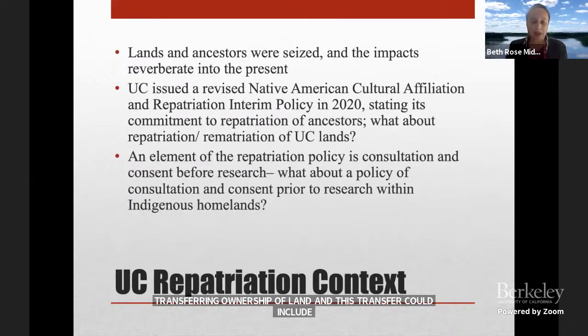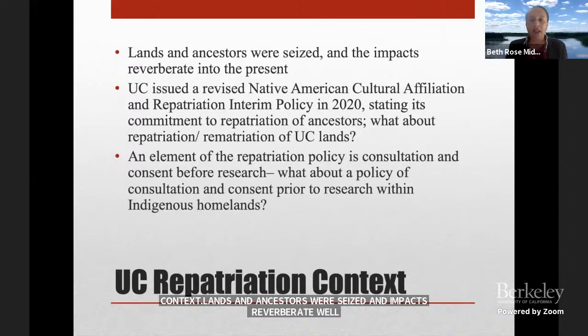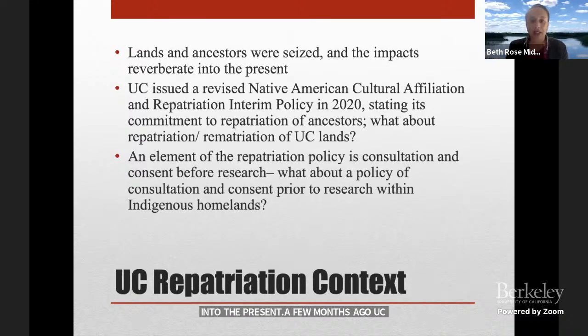People have talked about the Native American Graves Protection and Repatriation Act, or NAGPRA. I wanted to briefly mention UC's repatriation context. As Brittany was mentioning, lands and ancestors were seized, and the impacts reverberate well into the present. Just a few months ago, UC issued the revised Native American Cultural Affiliation and Repatriation Interim Policy, stating a commitment to repatriation of ancestors.